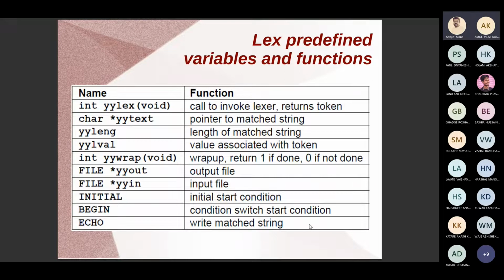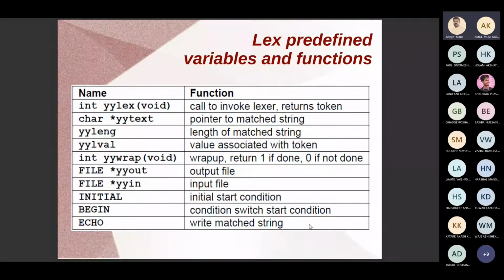These are the predefined variables and functions that we use in writing a Lex program, and these are the most widely used in our Lex scanner. First is yylex, which is called to invoke the lexer and return the token.